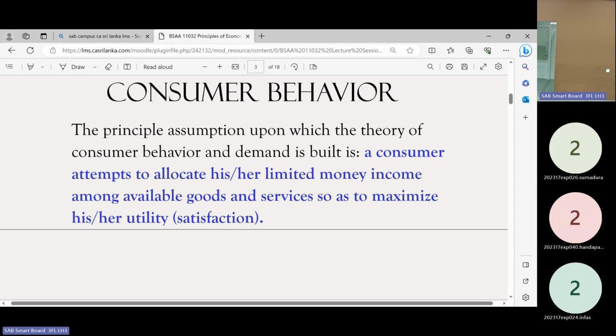So given the limited monetary income that the consumer has, which goods and services will the consumer consume, depending on how much the satisfaction would be. Another word for satisfaction is utility. Utility is another word for satisfaction.